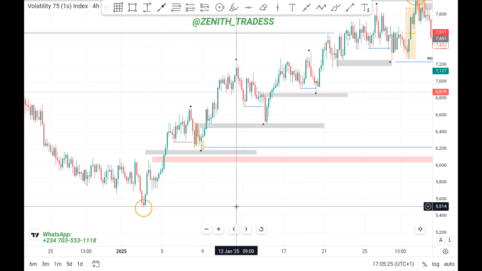Price is fractal. The fractal relationship between different time frames is going to lead you to how you're going to do your multi-time frame analysis. When you go to the daily, check where the daily is heading.